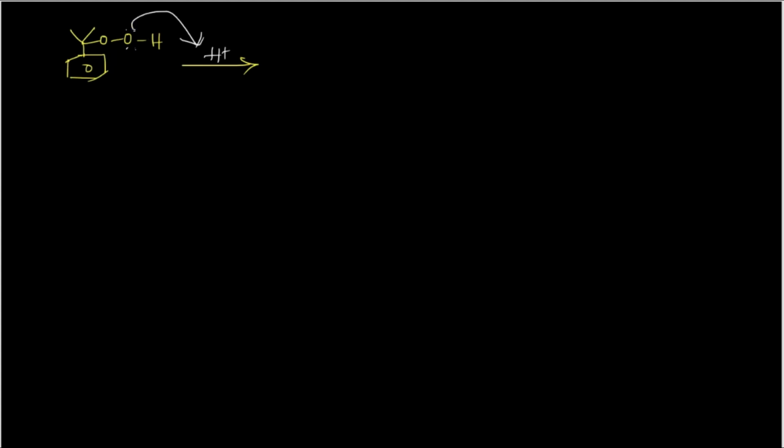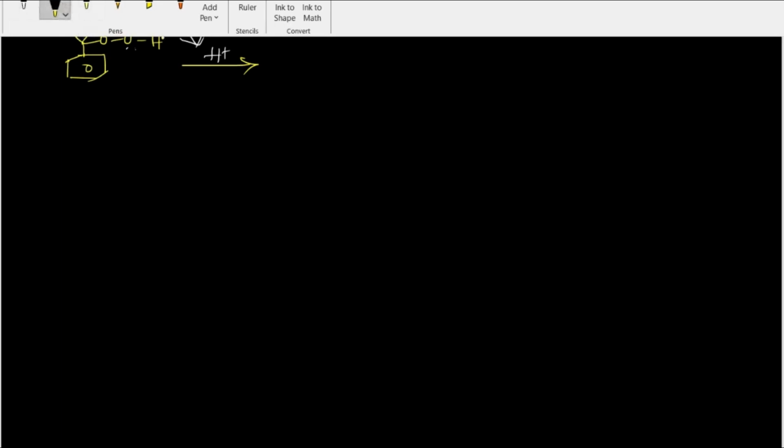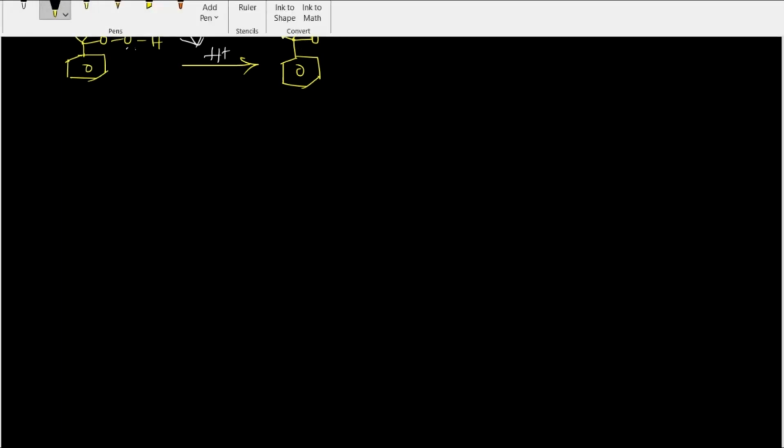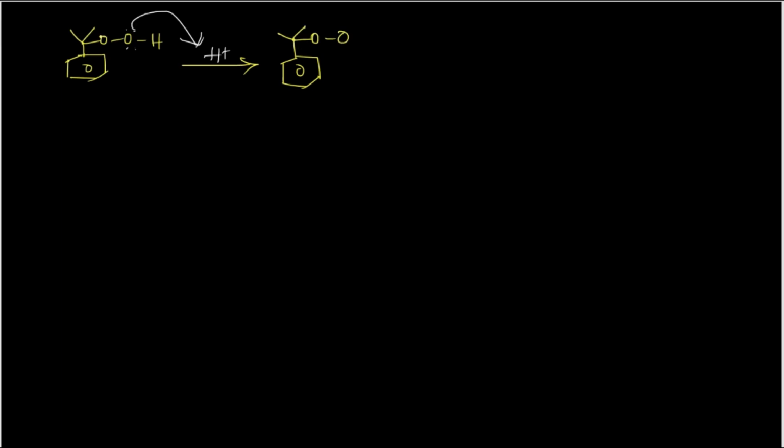It will give lone pairs to this and it will get protonated. Then we will get, let's write, this OH2 positive. Let me write over here like this. So we have got this.